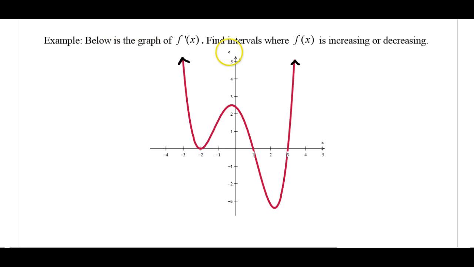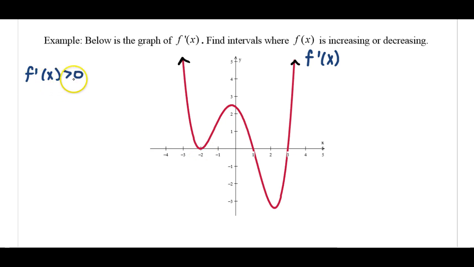All right, and in this last example, we again have the derivative graph given, and we're asked to find where f is increasing or decreasing. So f prime is greater than 0, so this derivative graph is above the x-axis. Now this one's slightly tricky. We can see there's a 0 happening at -2.